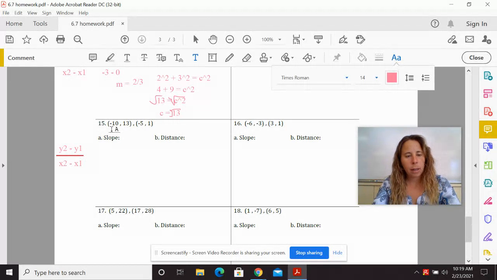Then just pick. Doesn't matter. This time I'll make this one x1, so this one is y1. This one x2, so y2.